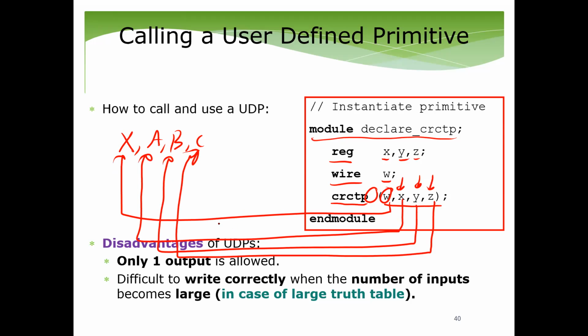Okay. Before we start writing the code for the homework, let's test this one. If I cannot write an instance name, maybe user defined primitives do not need an instance name. I'm not sure.